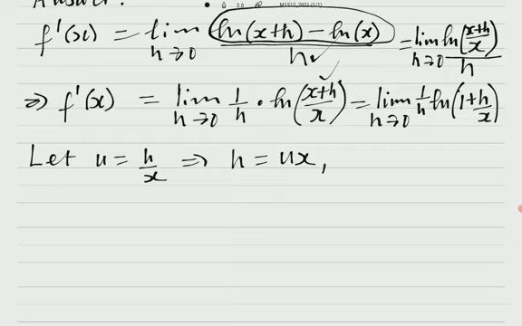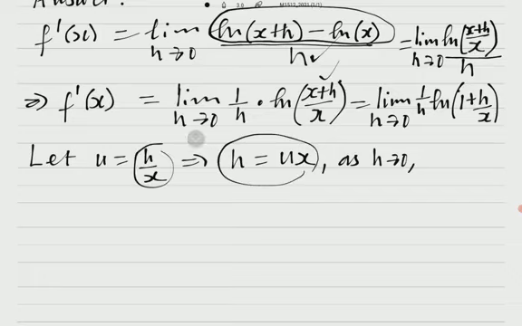And one thing we note here is that as h goes to 0, looking at this expression, you will find that u will also go to 0. So these are our new limits. Our new limits for u are this one. So let's get our derivative right now.